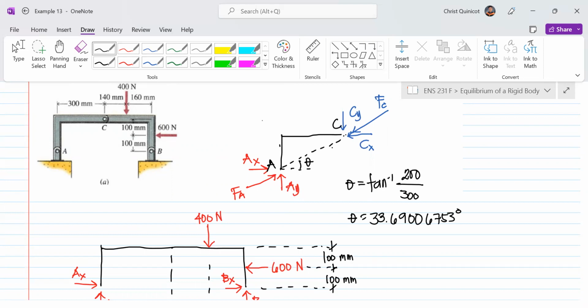And for this problem, their line of action is 33.69006753 degrees, counterclockwise measured from the positive x-axis, right?